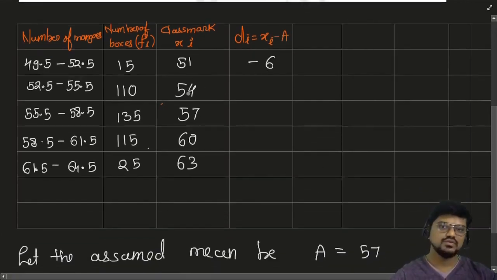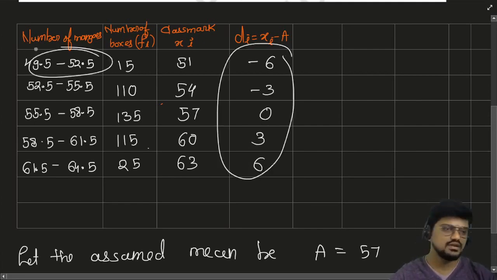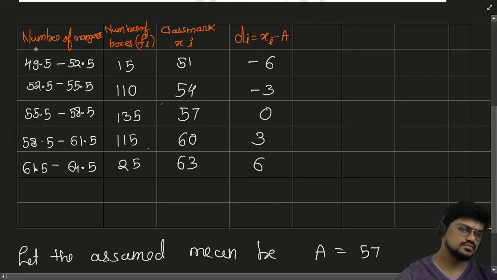Minus 6. 54 minus 57 is minus 3. This is 0. 60 minus 57 is 3, and then again it is 6. Now these values are multiples of the class interval, yes or no? Yes, sir. So which method will we use? First method, second method, or third method?